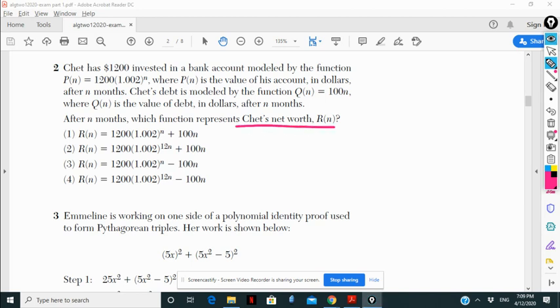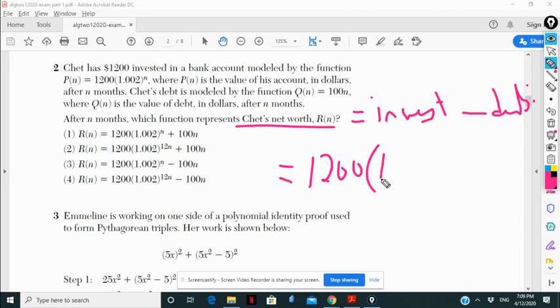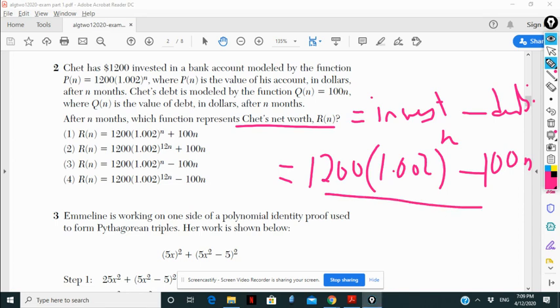So the net is going to be the investment minus the debt. The investment follows the formula 1200 times 1.002 to the power n, minus the debt formula, 100n. So the answer is going to be number 3.